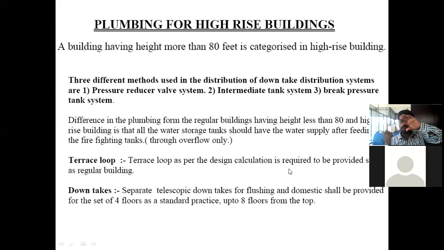That overflow pipe will be given to the domestic water tank. So the water inside the domestic tank will come only from the overflow of the firefighting tank, so that we can make sure the firefighting tank is always at full water level.